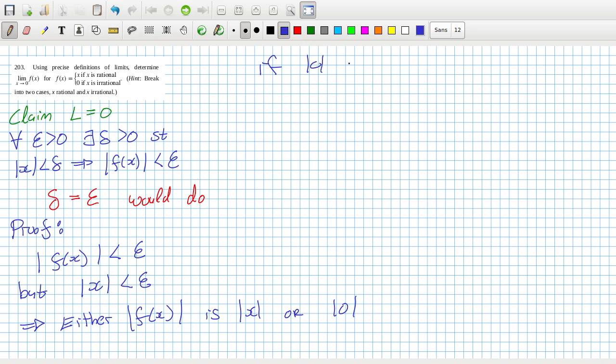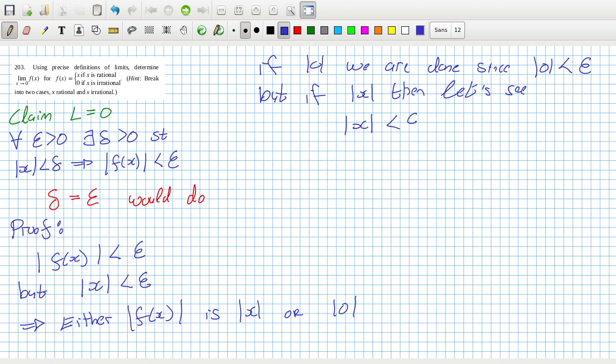If it's 0, we are done, since obviously the absolute value of 0 is less than epsilon. But if it's x, then let's see. So now we have the absolute value of x is less than epsilon. But this is true.